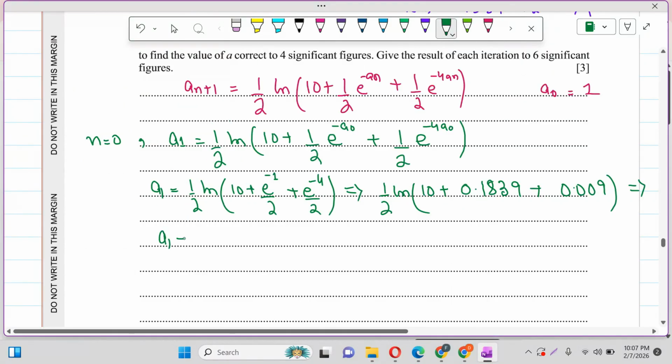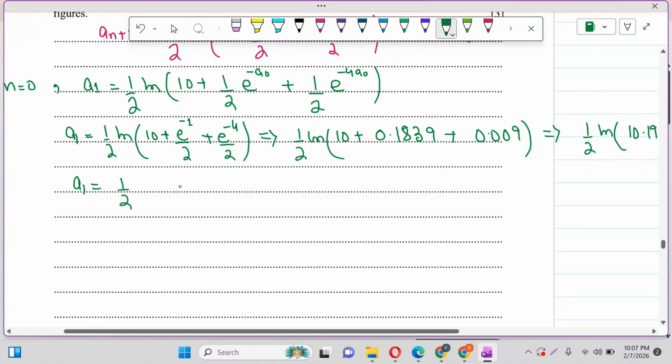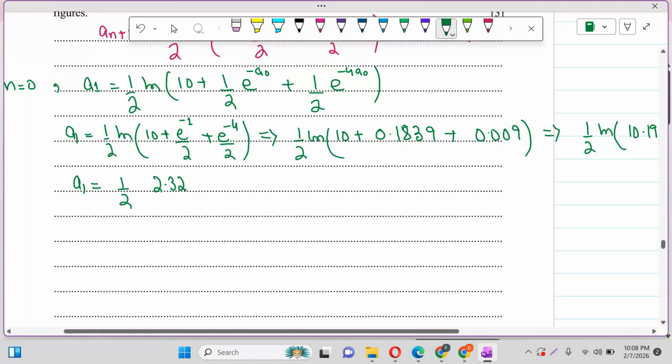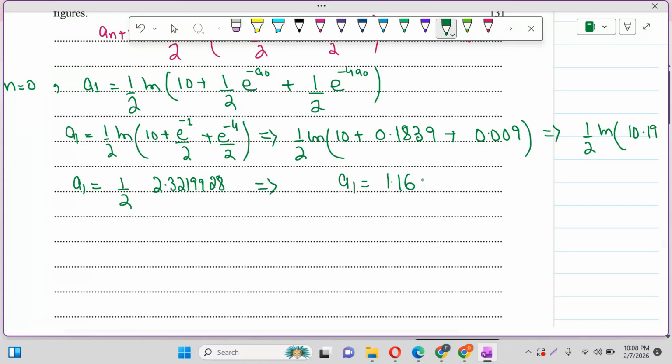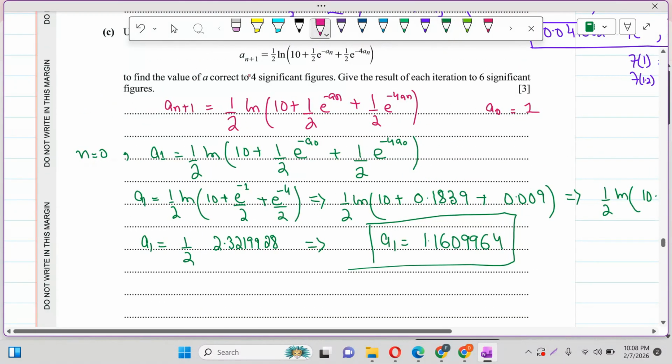So a1 is equal to half ln 10.193057, which is 2.321998. So we will have a1 equal to 1.16099964.